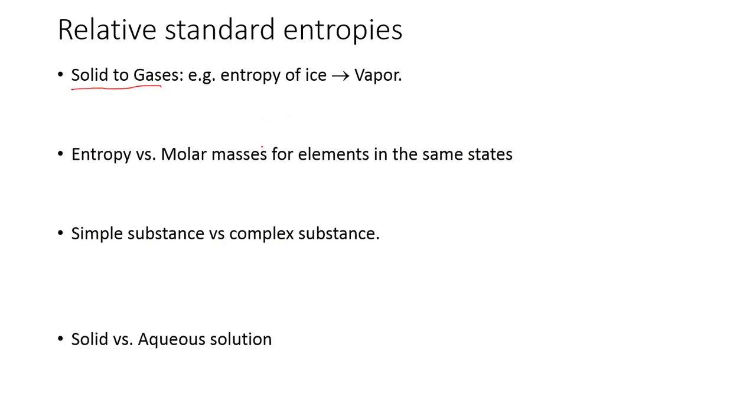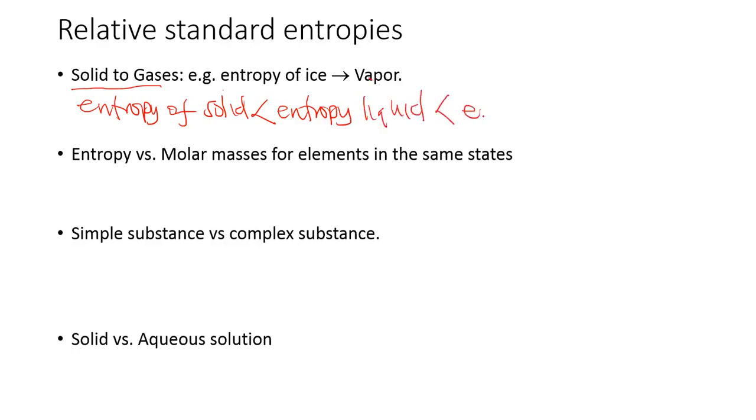The entropy of a solid is less than the entropy of a liquid, which is less than the entropy of a gas, especially when you are talking about the same substance. We saw this for ice, water and vapor.